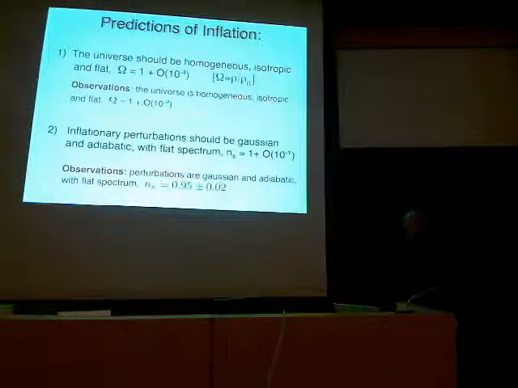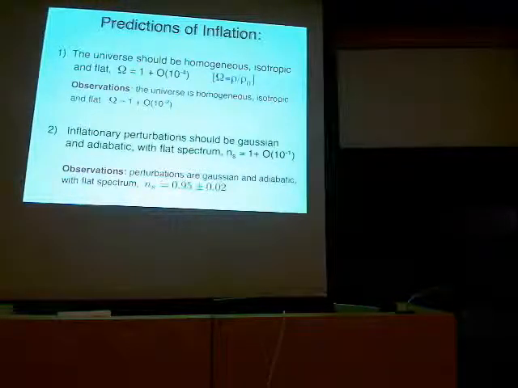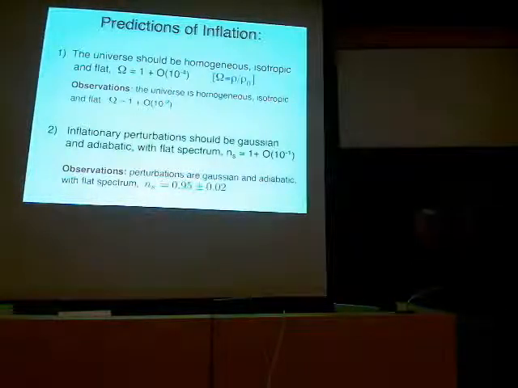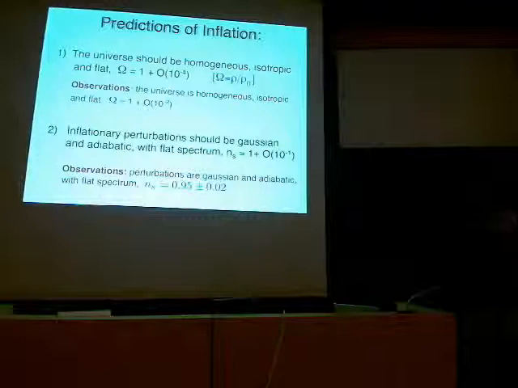Well, so after that, we said, okay, what can we do? Or maybe we do one. That's what we see right now. It is also isotropic, and it is flat, with the flatness going closer and closer to 1, of course, because of dark energy or whatever works like dark energy. Now, the perturbations should be Gaussian, adiabatic, with a flat spectrum. You can find models where they are non-Gaussian, non-adiabatic, non-flat; it's possible.